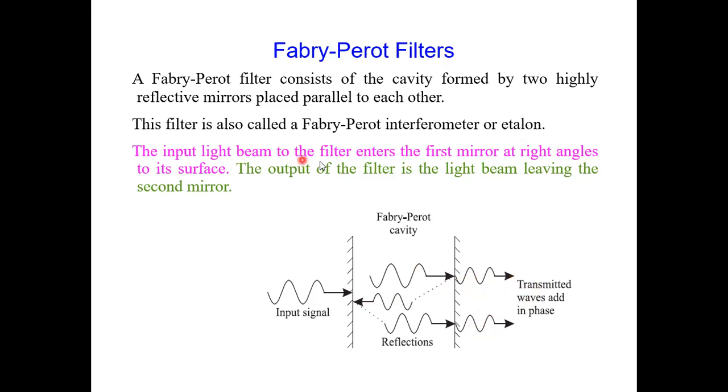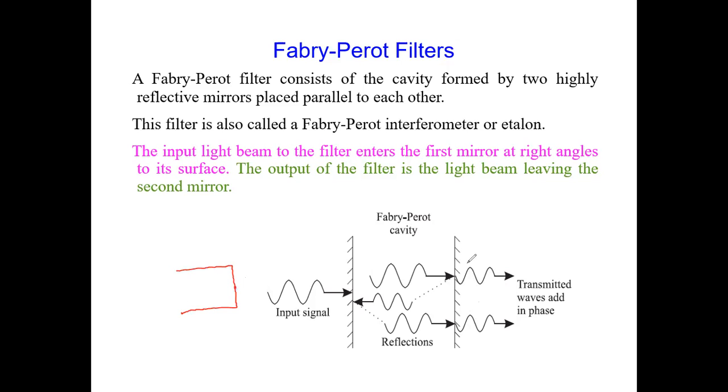So the input light beam to the filter enters the first mirror at right angle to its surface. Here, this is right angle. It is not an inclined one. The output of the filter is the light beam leaving the second mirror. Here two components are shown, but that aperture will actually be very small. Here, just to show different light components, they have drawn an expanded diagram, but actually the light will come out from only one small patch.